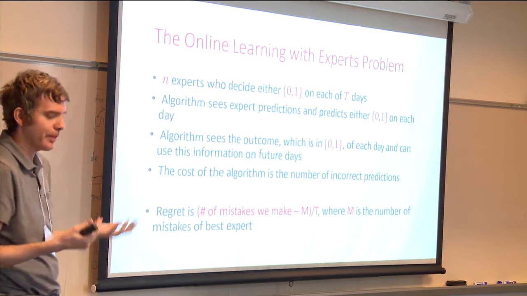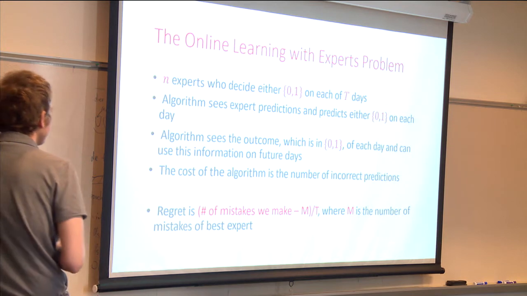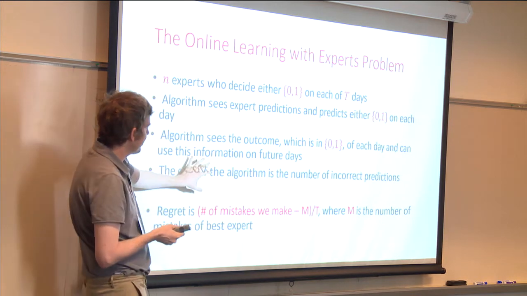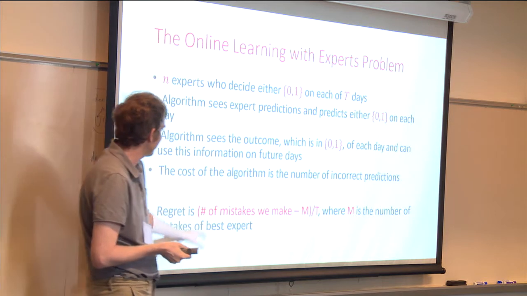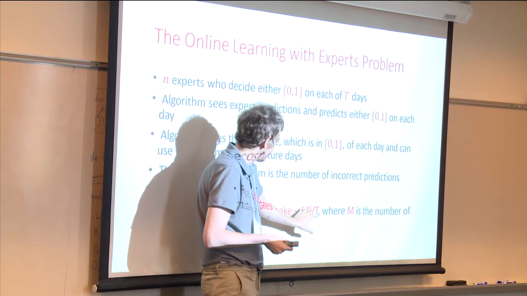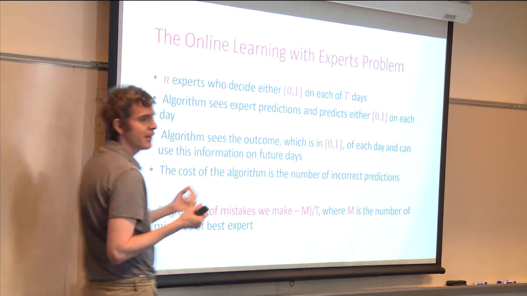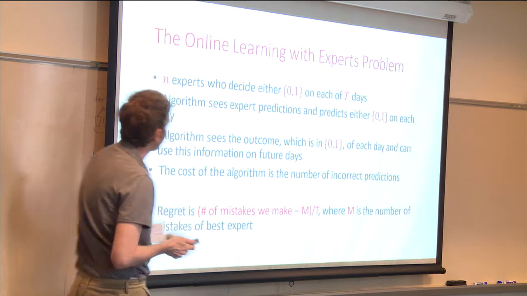It can store some information and use it to make its predictions on future days. The cost of the algorithm is the number of incorrect predictions, and as I said, we want to minimize the regret: the number of mistakes we make, minus the number M of mistakes of the best expert, divided by t, the number of days. Just notation, n is the number of experts, t is the number of days.